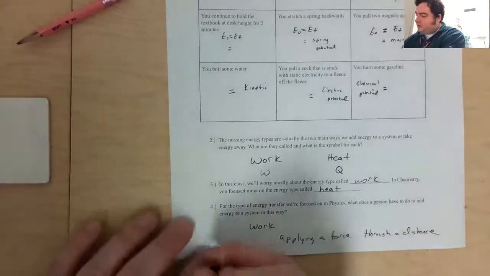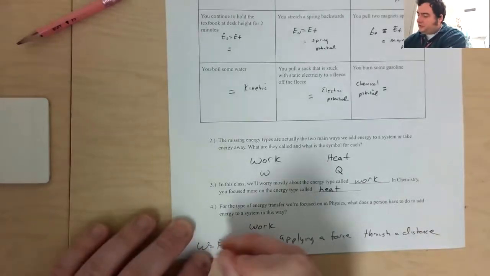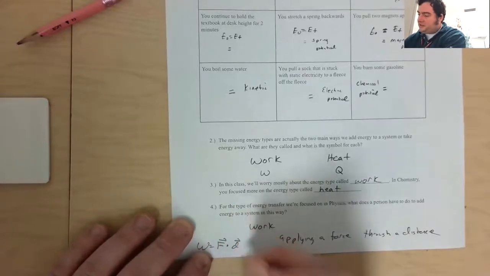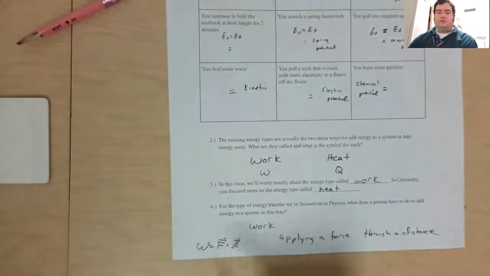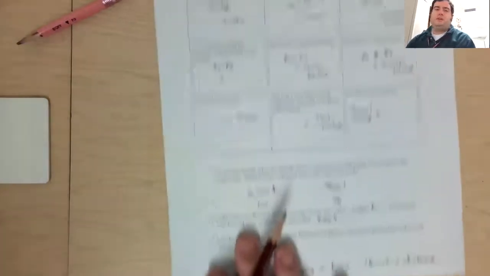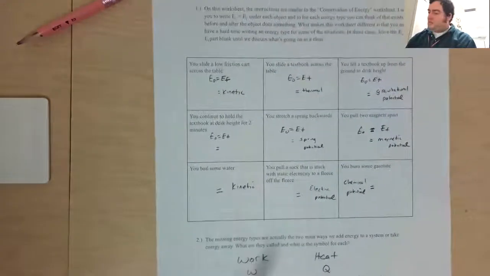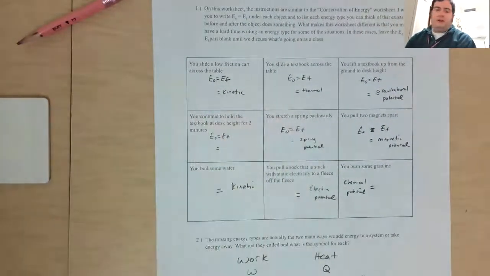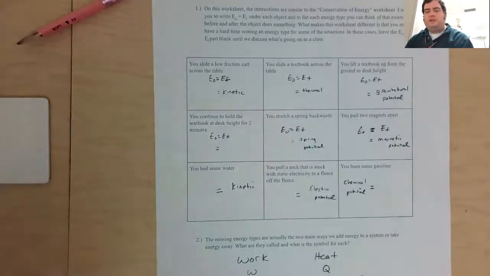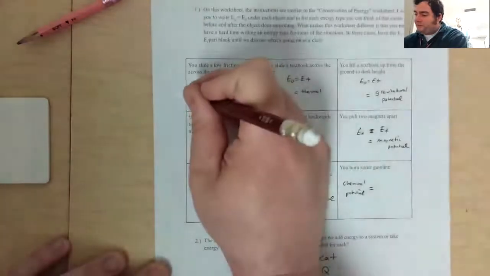So the equation, which we'll get into in more detail in a future lesson, involves both force and distance. So where did the energy come from to give a cart energy as I push it across the table and it starts moving? It came from work.